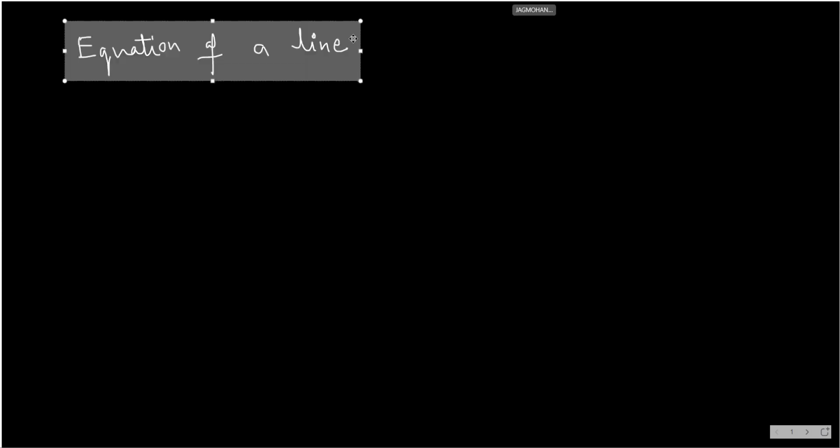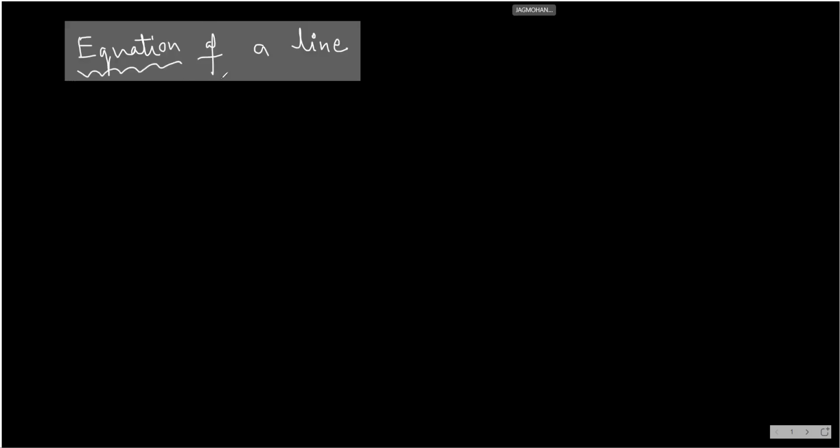So having done the intercepts of a line, now it is time we started with the equation of lines. See students, the next part that we are going to do is the equation of a line. First of all, we have to understand why we write the equation of a line.